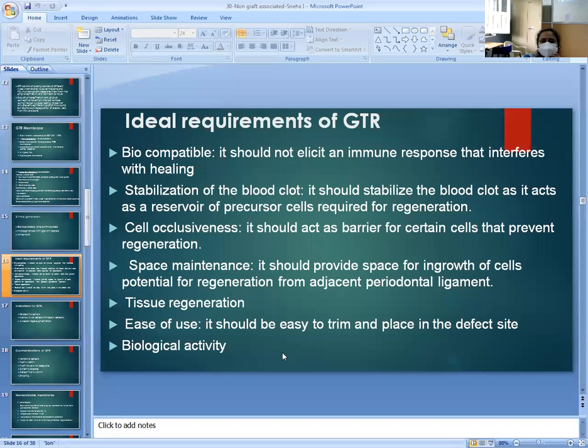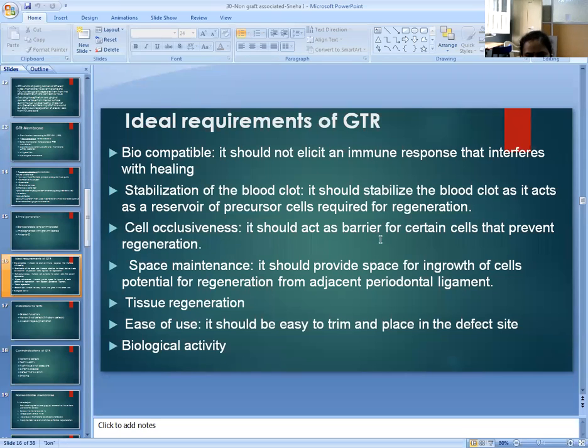Then stabilization of the blood clot: it should stabilize the blood clot, as the clot acts as a reservoir of precursor cells required for regeneration. Then cell occlusiveness: it should act as a barrier for certain cells that prevent regeneration. Space maintenance: it should provide space for ingrowth of cells with potential for regeneration of the adjacent periodontal ligament. It should help in tissue regeneration.